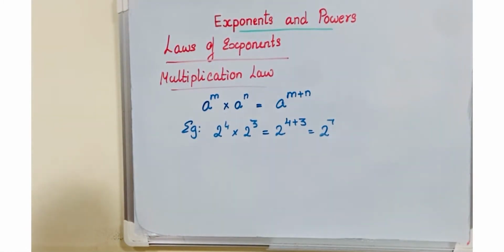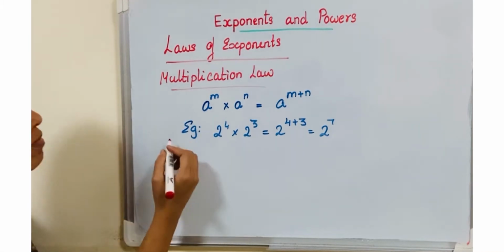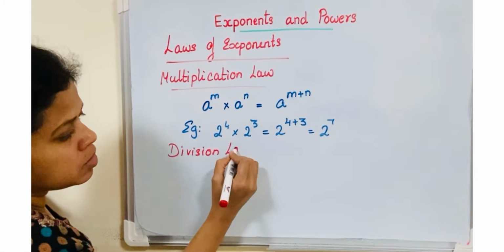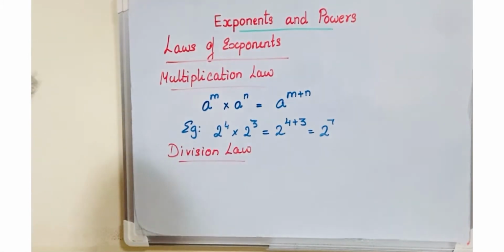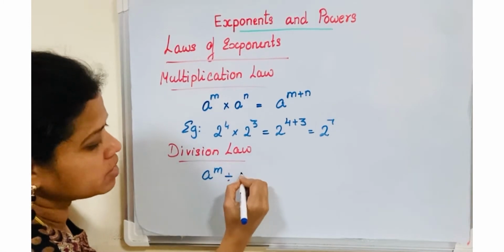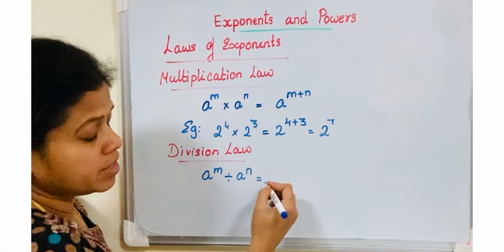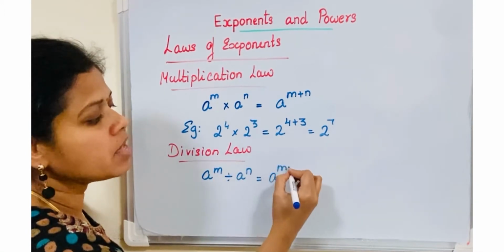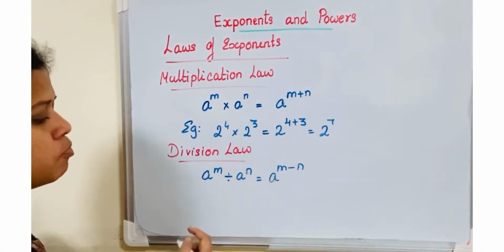Next is the division law, the second law. In division, if the base is the same, then just take the common base and subtract the exponents.